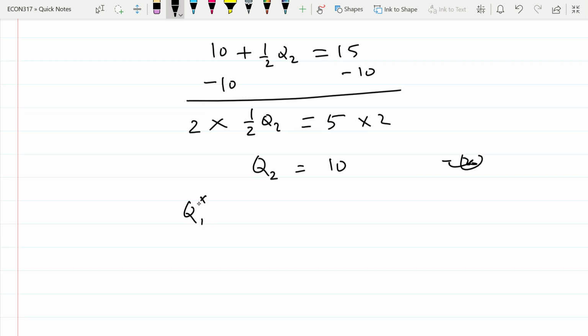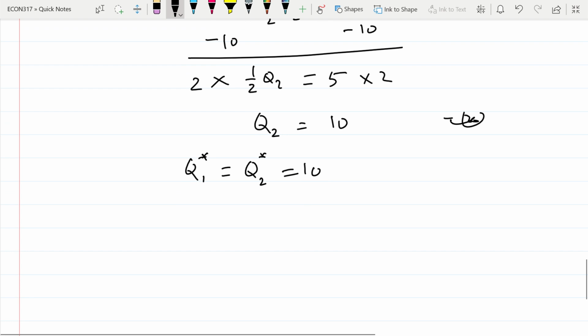Q1 star equal to Q2 star equal to 10. We could have anticipated this by noting that these two firms have identical cost structure, so they should have similar outcomes.